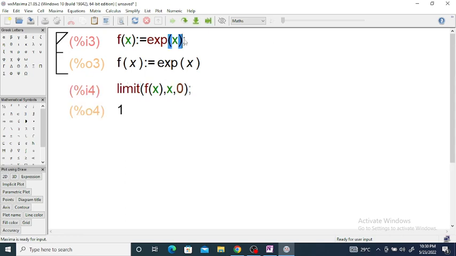But our given function is e raised to x plus exp of minus x, then minus 2.